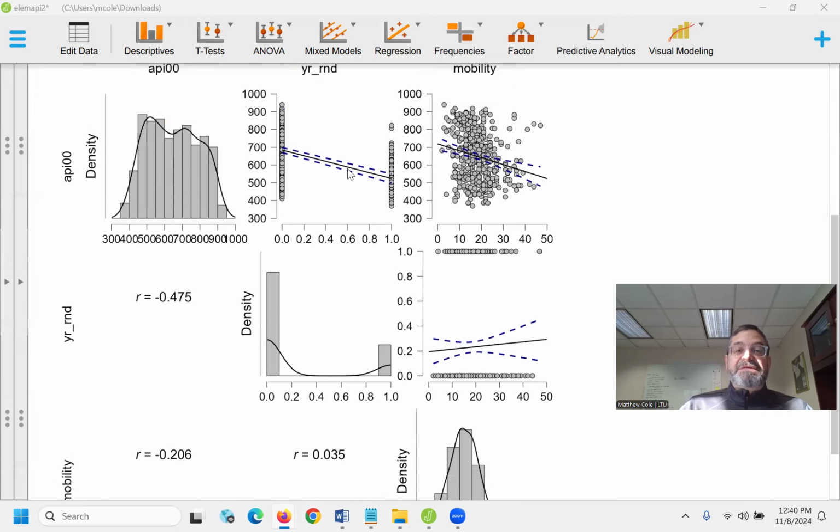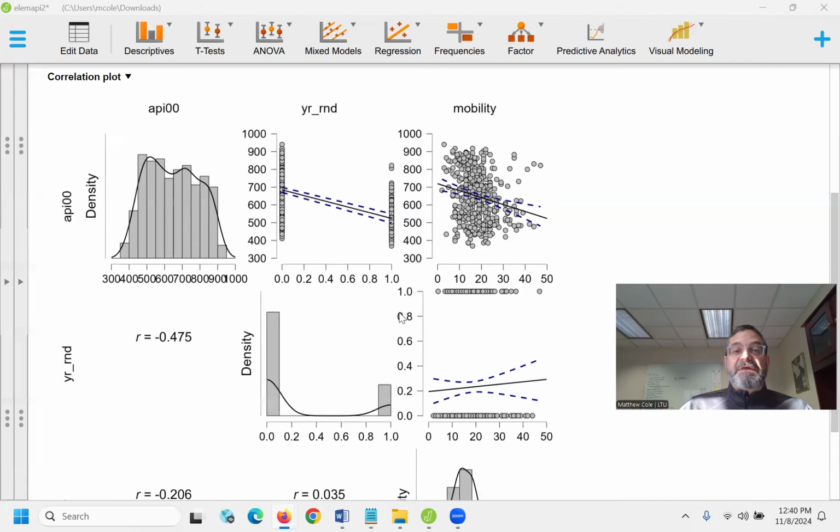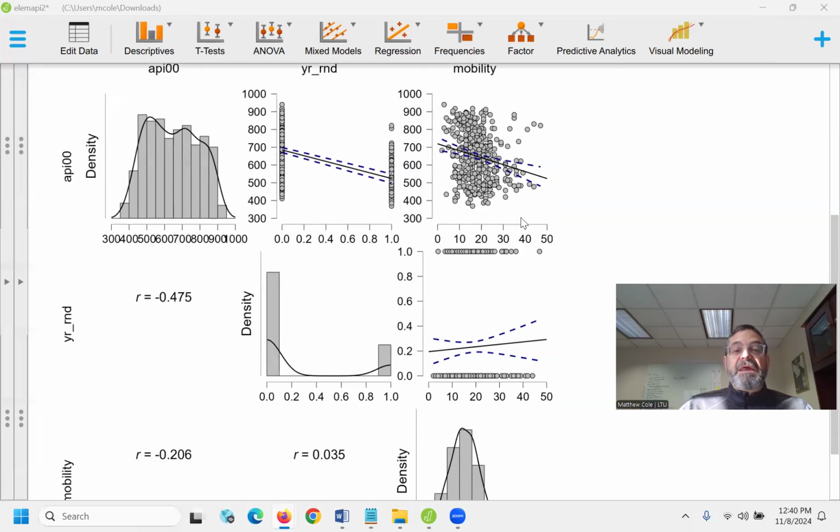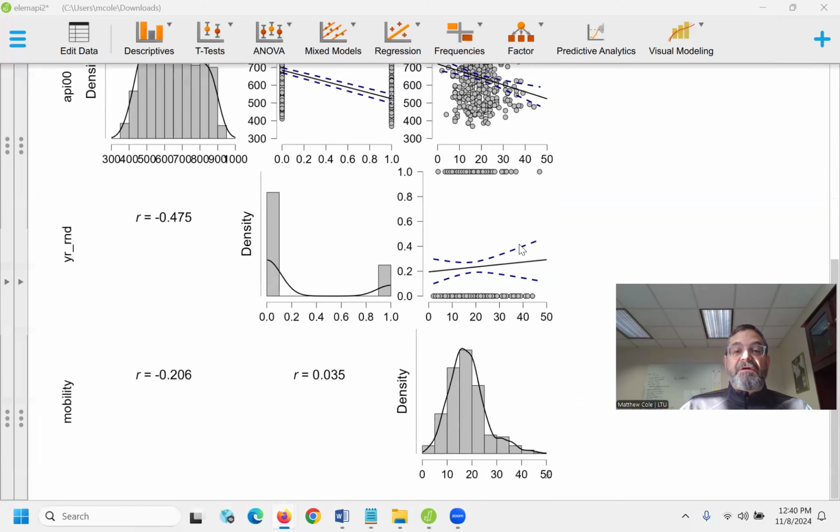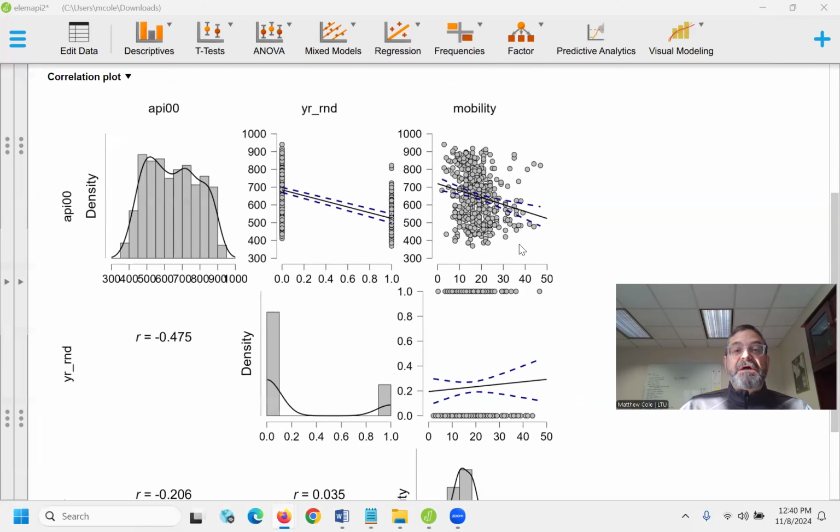And then we see the distribution of each of these variables, API, year-round, and mobility, as well as some of the interaction slopes. So we have API and year-round and API and mobility.